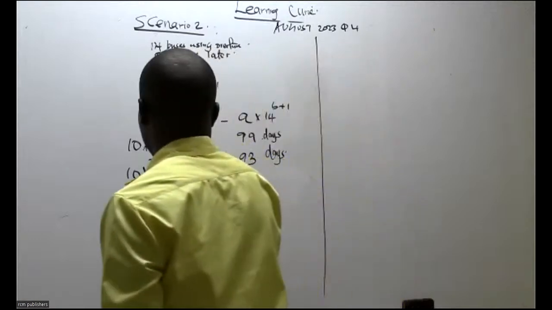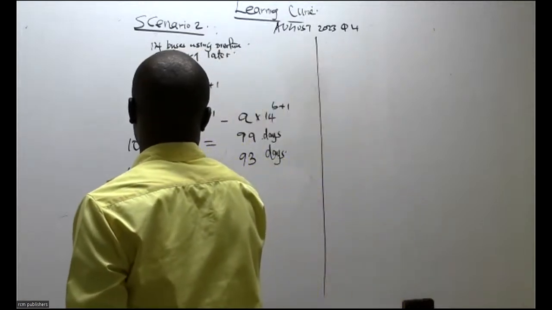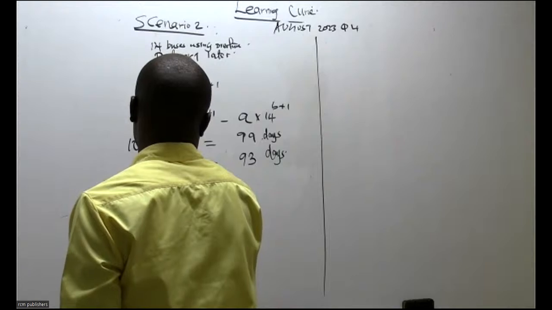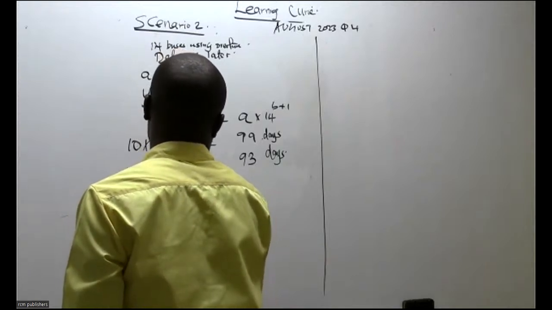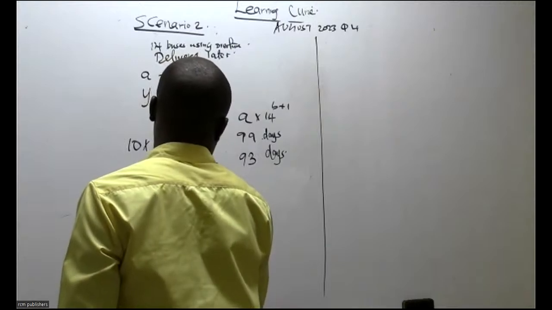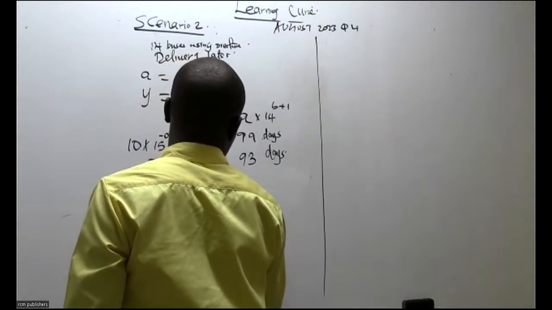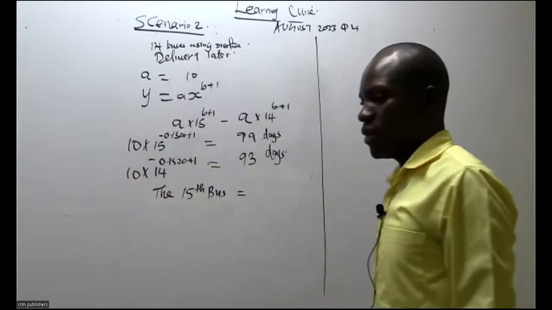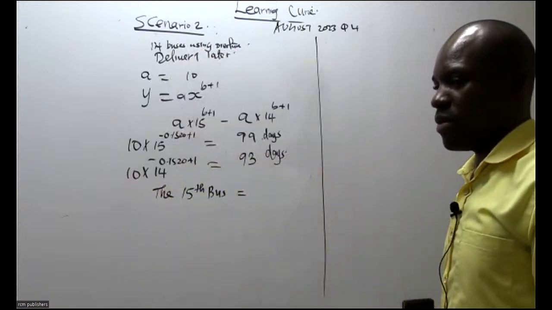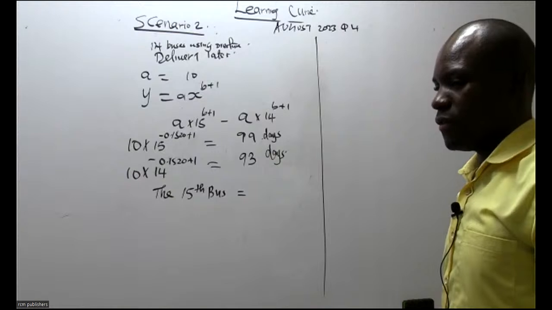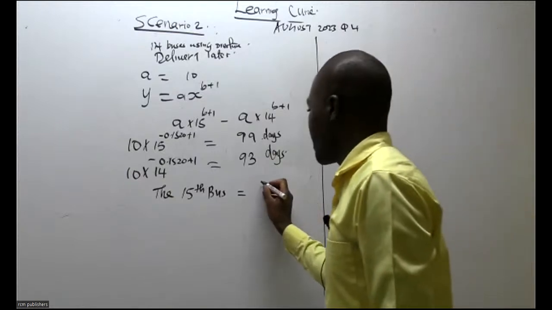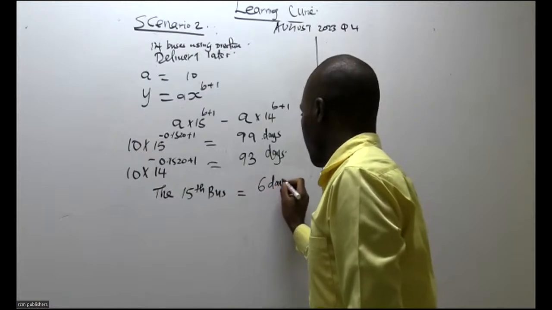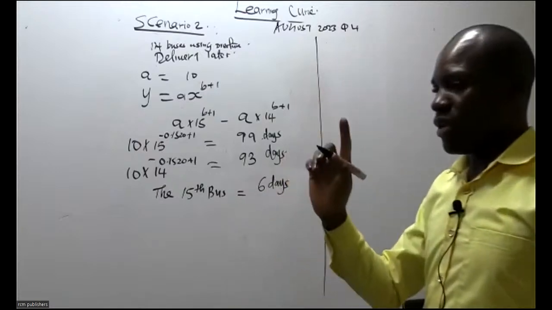So the last bus, or the bus to be delivered later, is the 15th bus. How many days will it take you to produce the 15th bus? It will take us 6 days. That's a new thing being introduced.